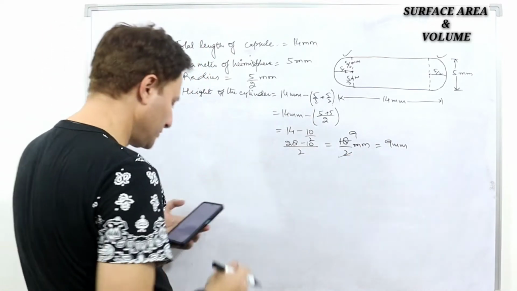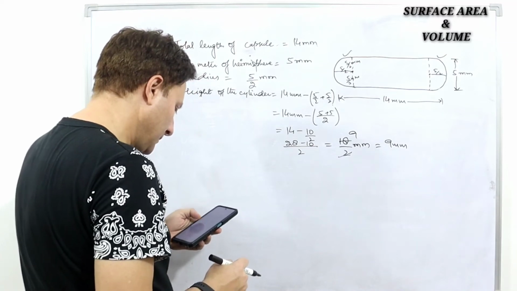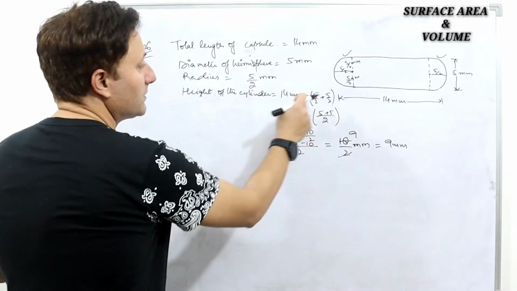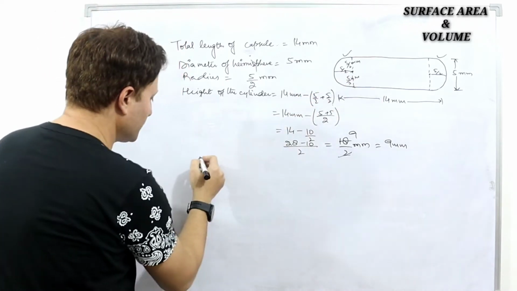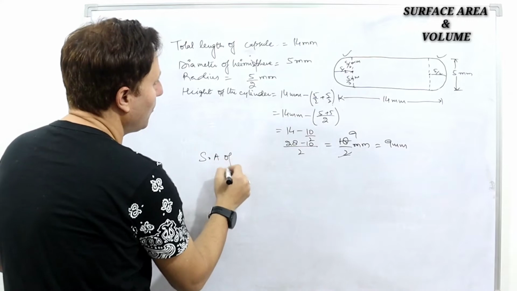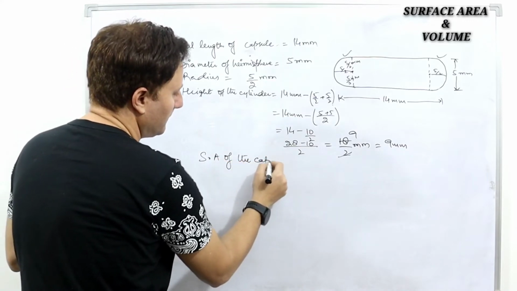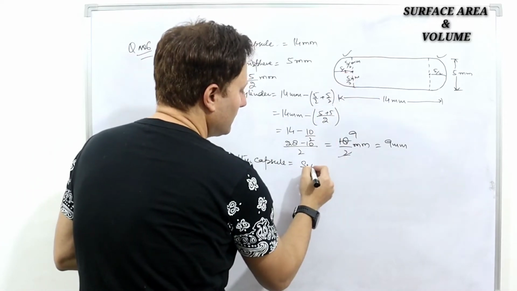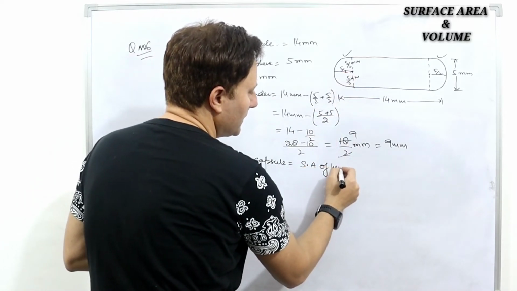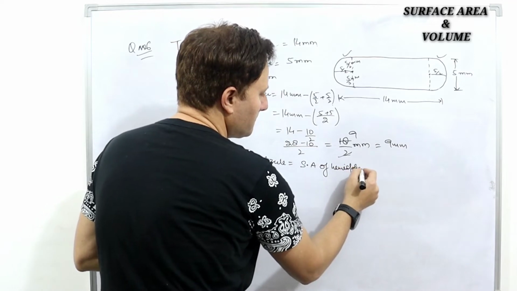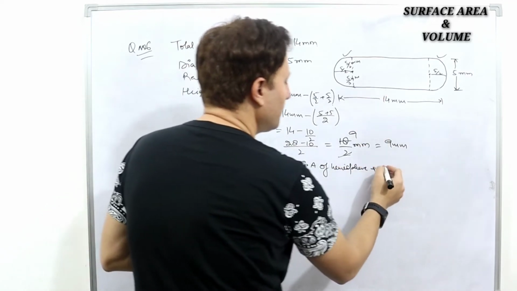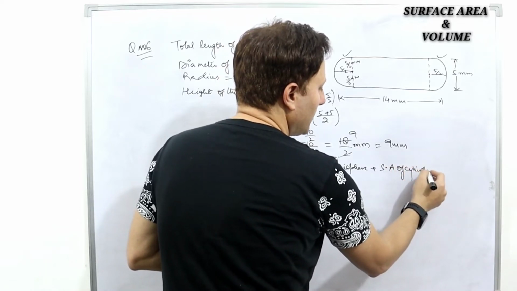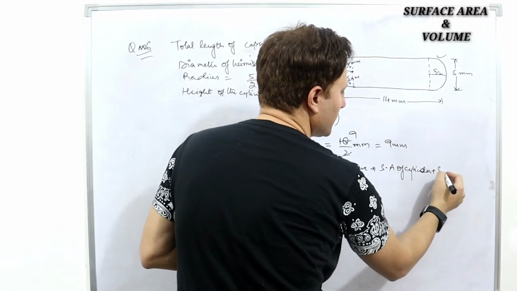Now what are we going to do? We have to find the surface area, and we have to make sure that pi is 22 upon 7. So the surface area of the capsule will be the surface area of hemisphere, then the surface area of cylinder, and again the surface area of hemisphere.